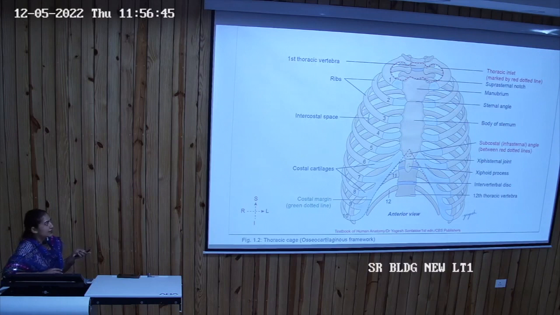So they are called the true ribs, till 7. After that, 8, 9, 10 use the help of the 7th costal cartilage and get attached to the sternum, so they are called the false ribs. So it is a concept of true ribs, false ribs and floating ribs.